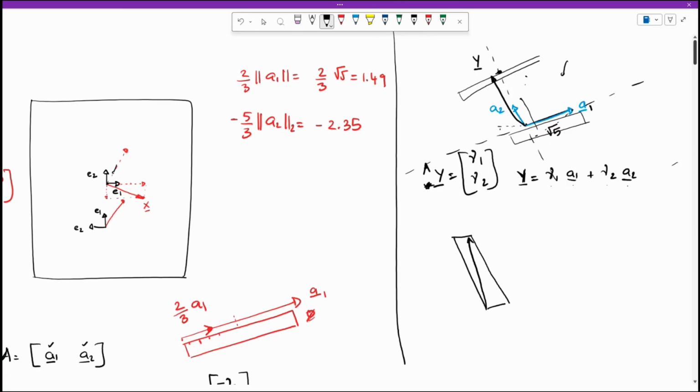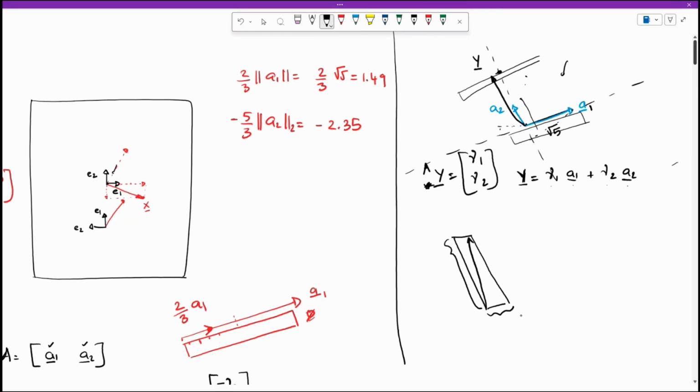How do we find gamma 1? How do we find gamma 2? Which point? So are you saying you measure this distance? Okay, all right. How much is that? Tell me. What is this distance?